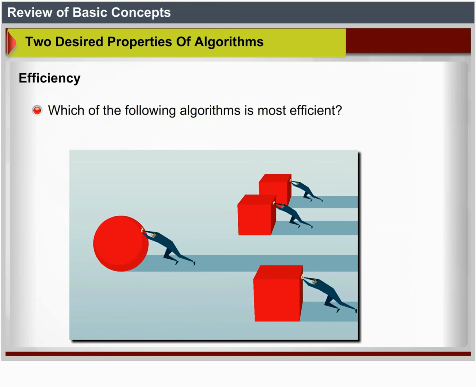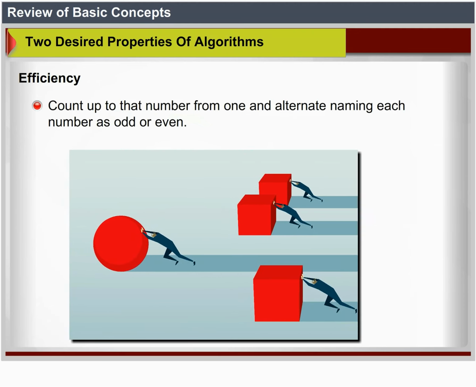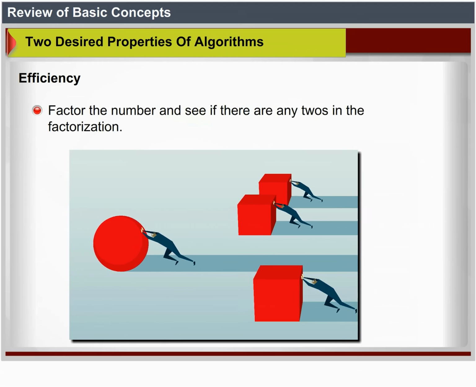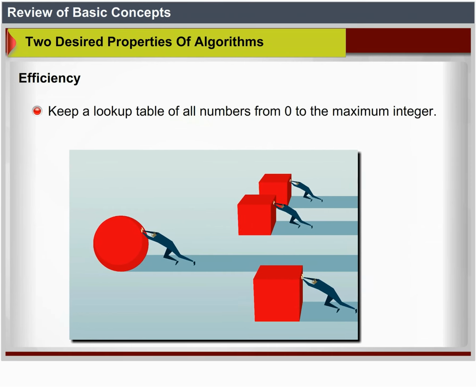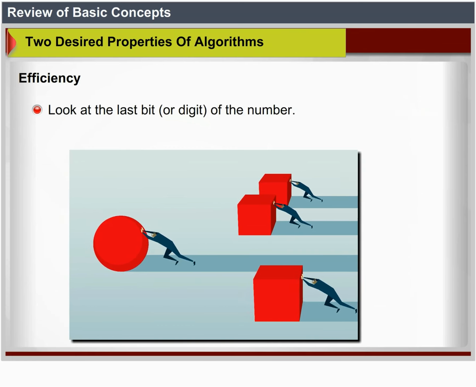Count up to that number from 1 and alternate naming each number as odd or even. Factor the number and see if there are any 2's in the factorization. Keep a lookup table of all numbers from 0 to the maximum integer. Look at the last bit or digit of the number.